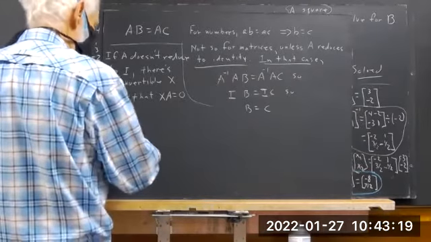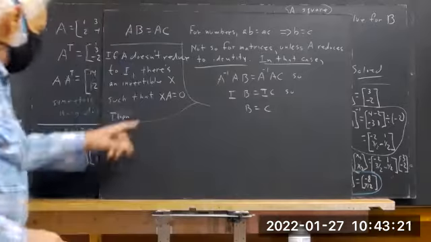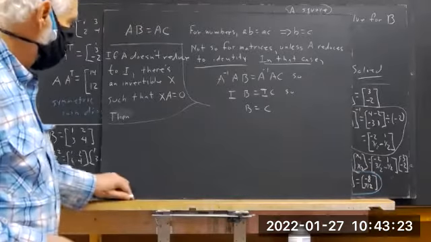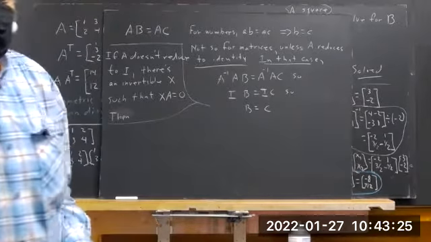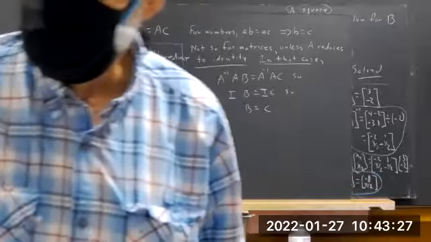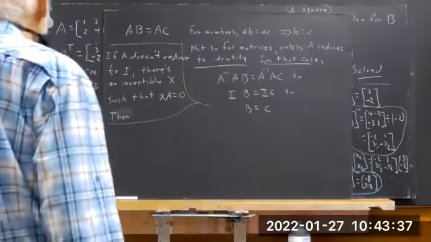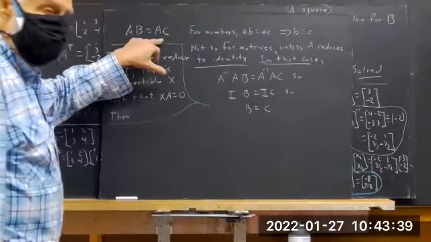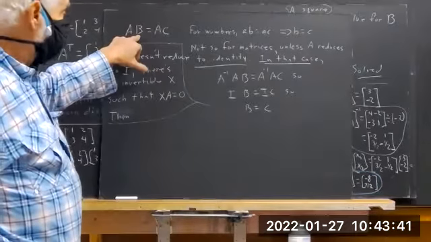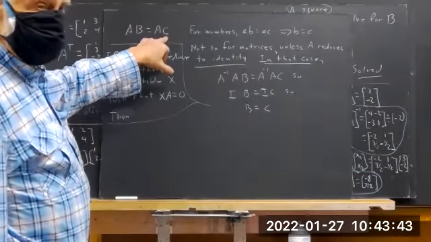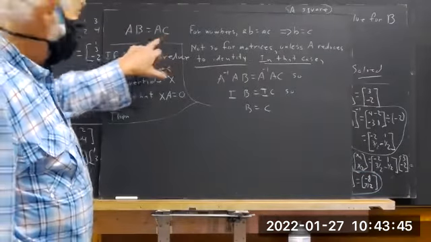Well, I want to think through that before I actually lay it on you. There's a confusing step that comes up, and I'm not seeing how to get by that. So we might talk about that later, but the main thing is that B equals C doesn't follow unless A is invertible.